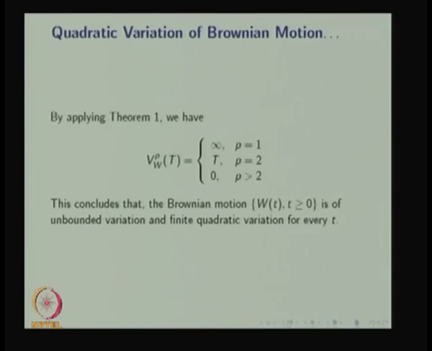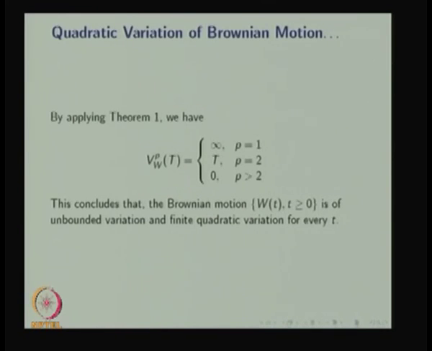For the quadratic variation, it is capital T, a bounded quadratic variation, whereas the first order is an unbounded variation. For p greater than 2, it is 0.